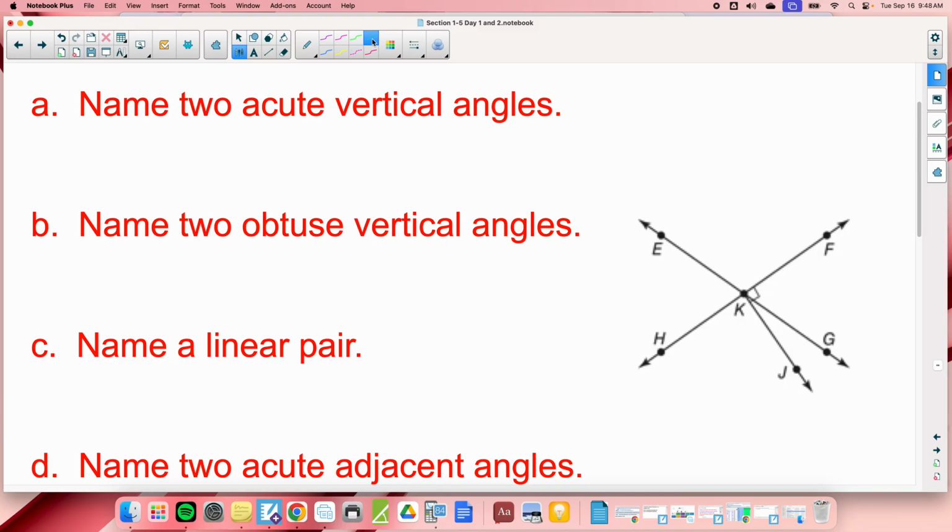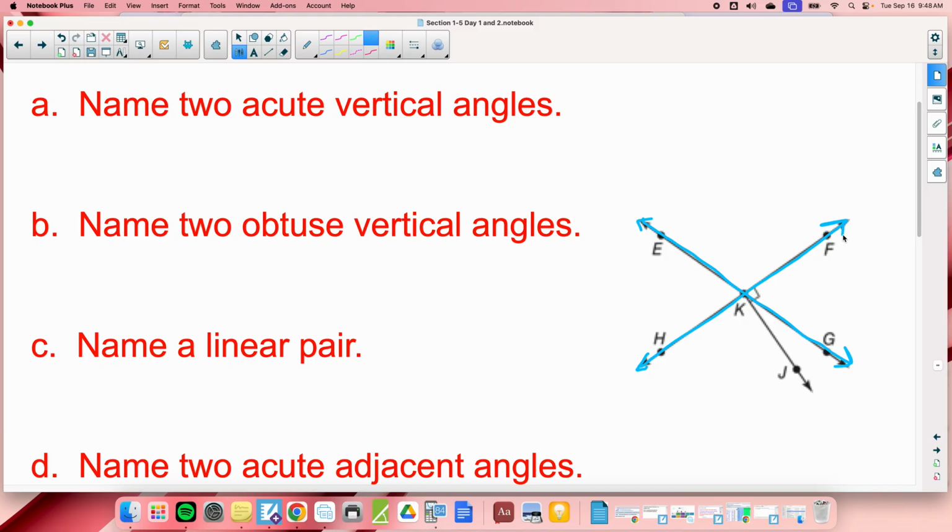JKG right here. The thing is, that is less than 90, that is acute, but isn't it these two straight lines that are intersecting? So I have to use this angle, this whole angle, this angle, or that angle. Do you guys get that?